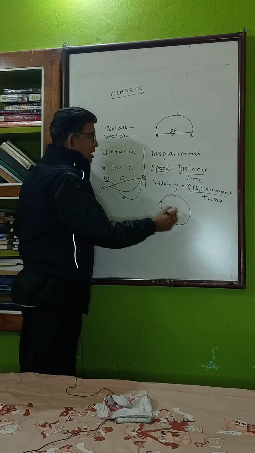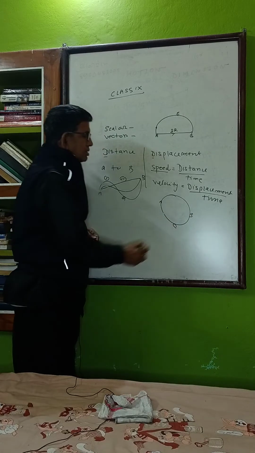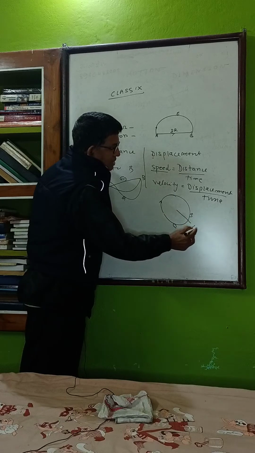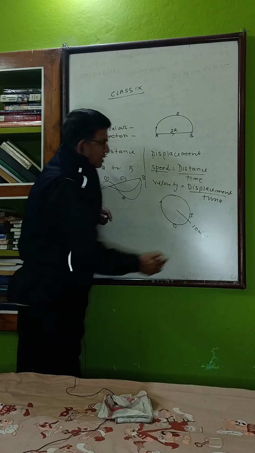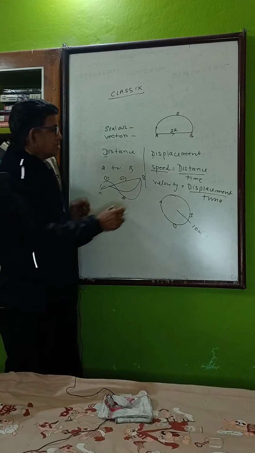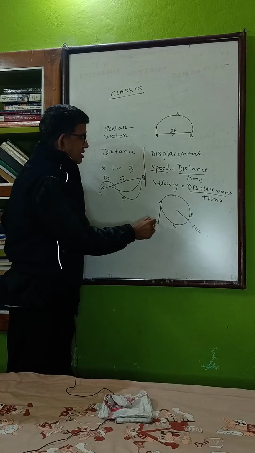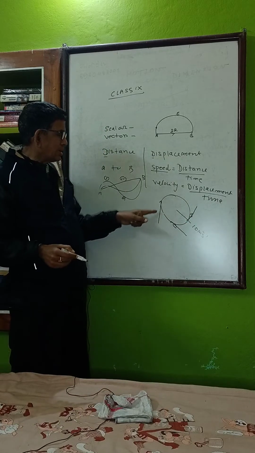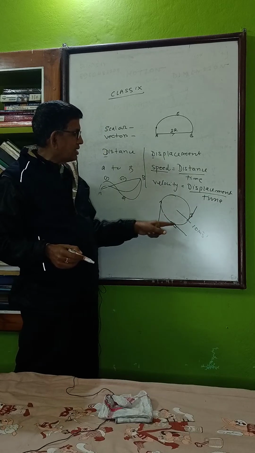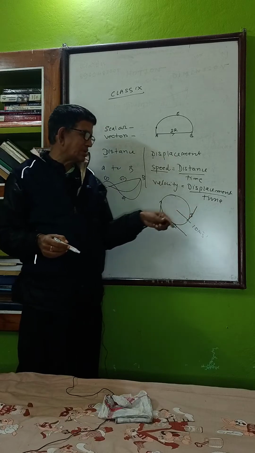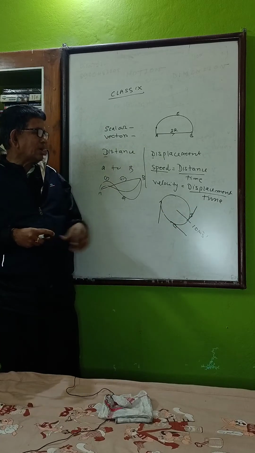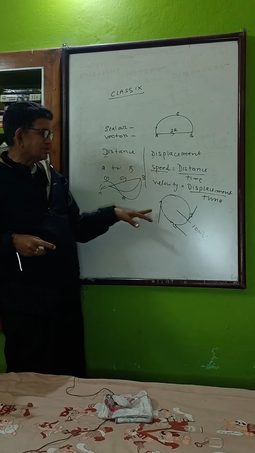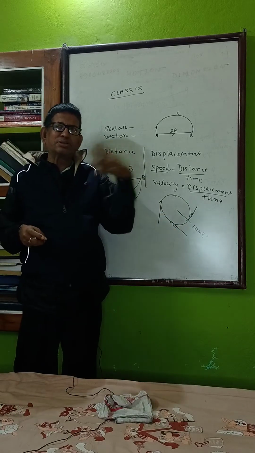Then at A and B and C, at every point the speed of the particle is 10 meter per second, but you see the tangent at point A, at point C, and at point B is in a different direction. So I should say that speed is 10 meter per second, but velocity is not constant due to variation of direction.